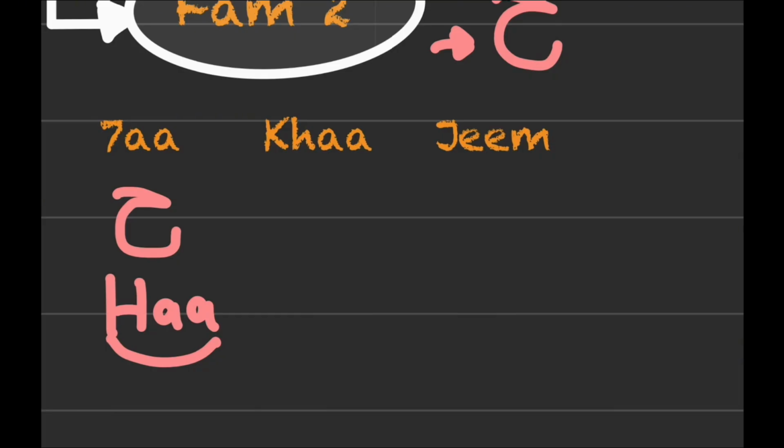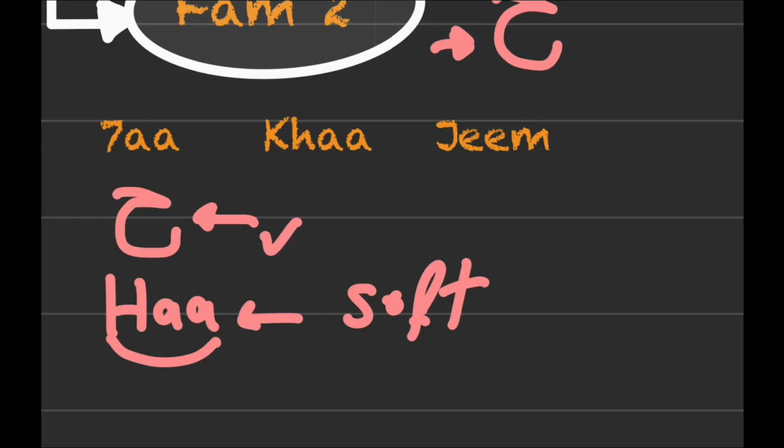If this is your first time learning Arabic, you probably don't notice any difference, but there is a difference actually. You say ha, that's very soft. But this letter here makes a sharp sound. That's a soft sound, but this one is sharp.